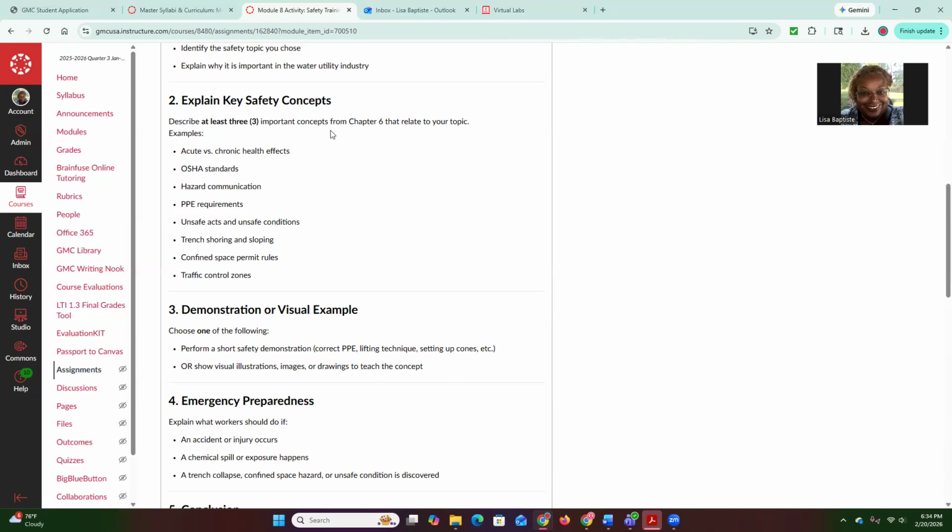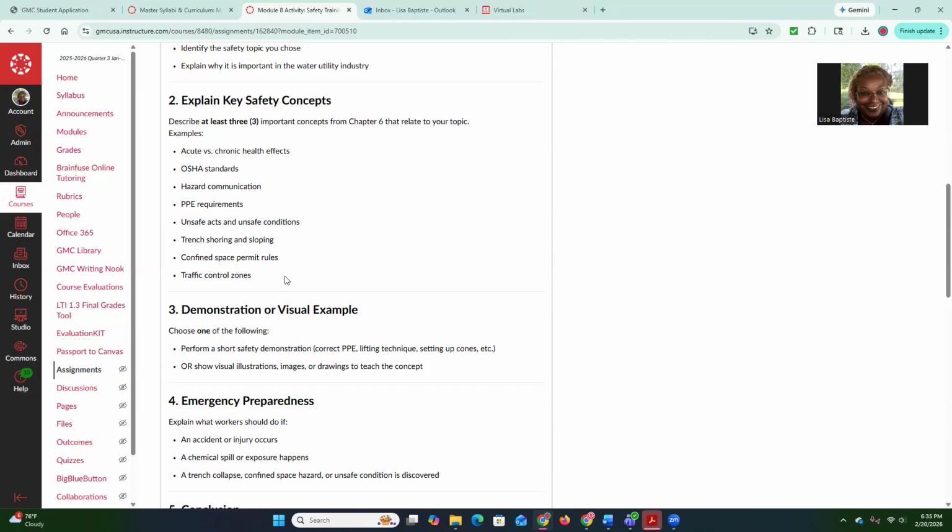Describe at least 3 important concepts from Chapter 6 that relate to your topic. So examples would be acute versus chronic health effects, OSHA standards, hazard communication, PPE requirements, unsafe acts and unsafe conditions, trench shoring and sloping, confined space permit rules, or traffic control zones.